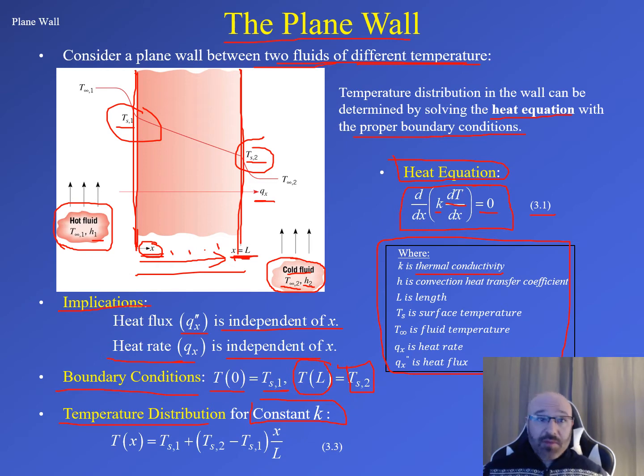So that being said, we come down here for our temperature distribution for a constant K value, or a constant thermal conductivity.